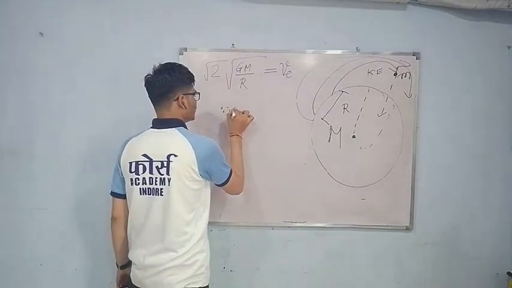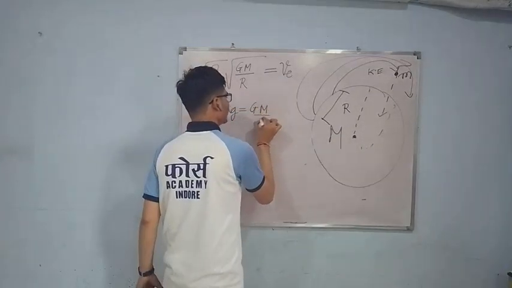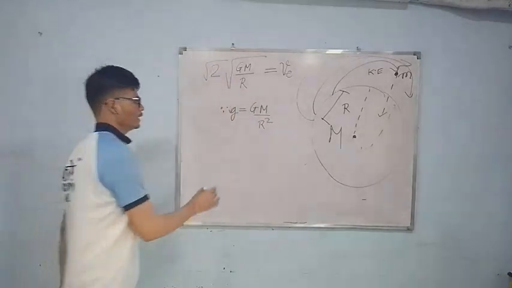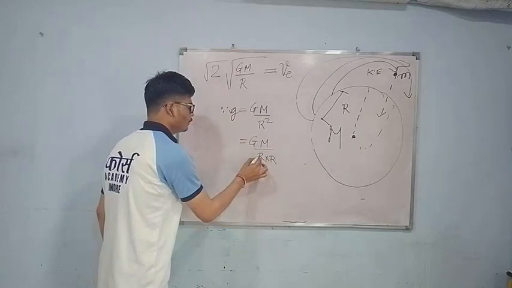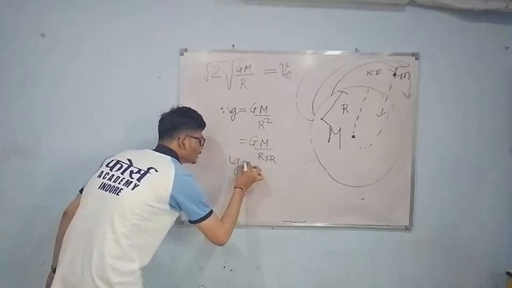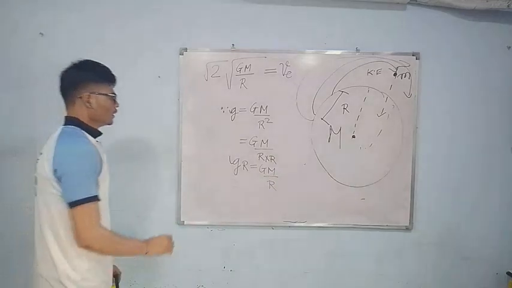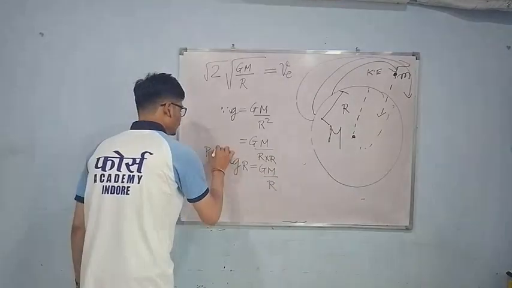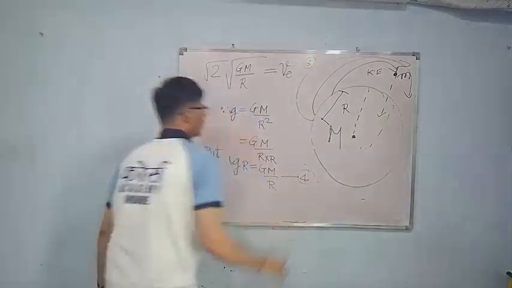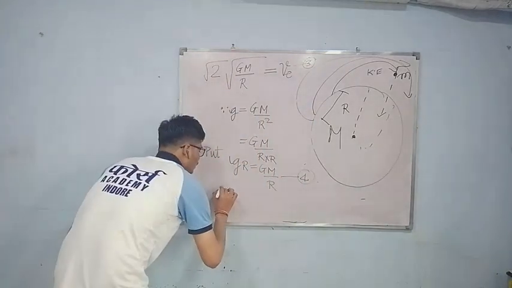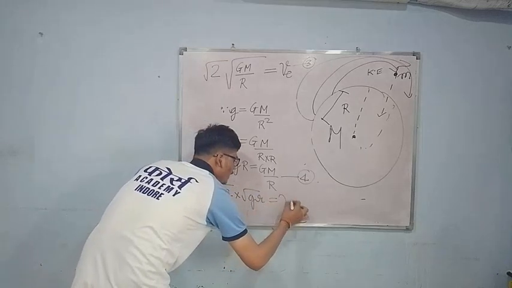Now since we know that at Earth's surface g is equal to GM by R square, it is also equal to GM by R multiplied by 1 by R. Taking one R to this side, we get gR is equal to GM by R. Now on substituting this value in this equation, we will get root 2 multiplied by root of gR is equal to Ve.